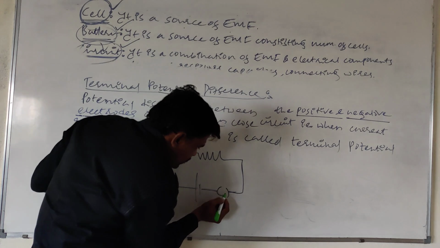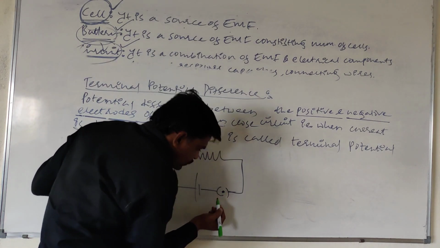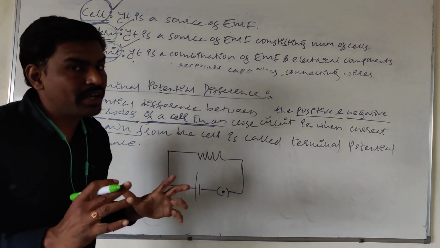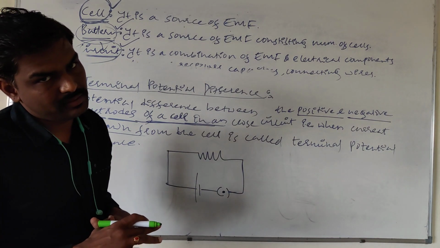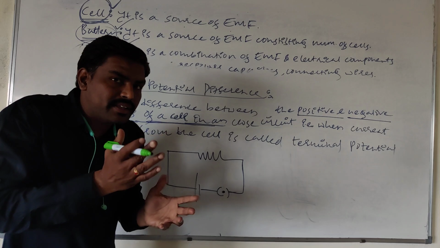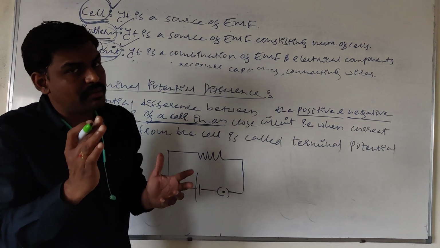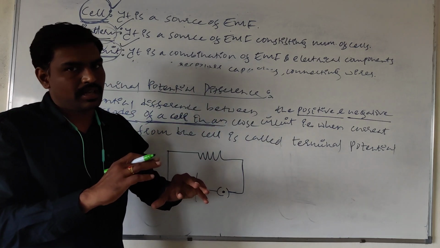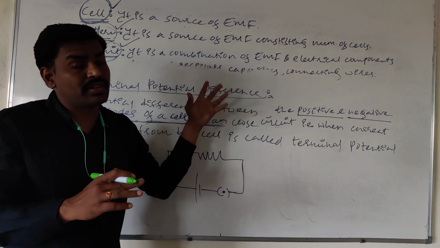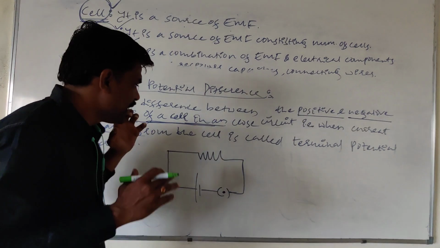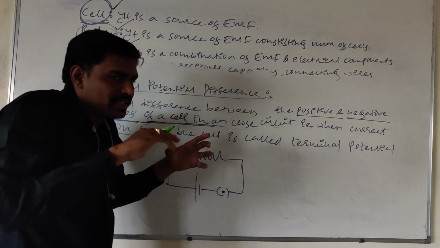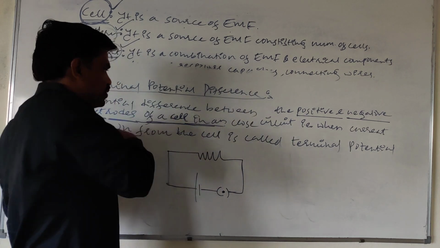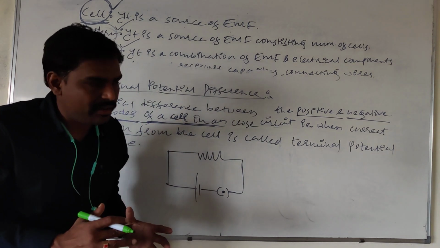In that circuit, the key is open, so there is no current drawn from that cell, right? Whatever the maximum potential difference between the positive and negative electrodes of that cell, clear my point, that is called electromotive force. But in this case, whatever the potential difference is, that is also between the positive and negative electrodes of the cell, right?